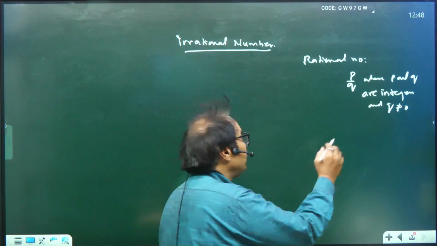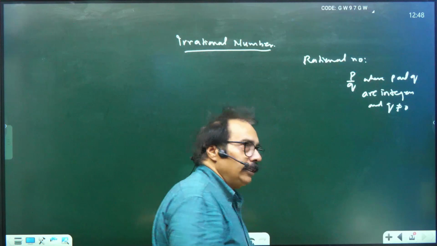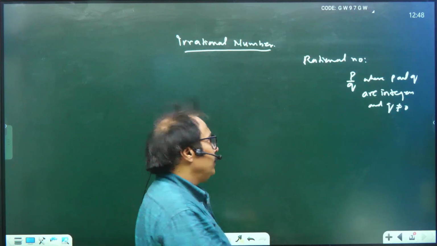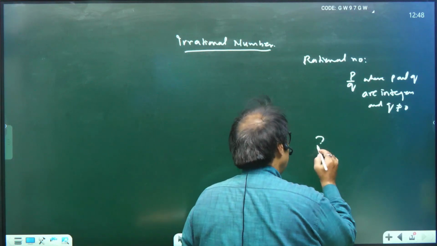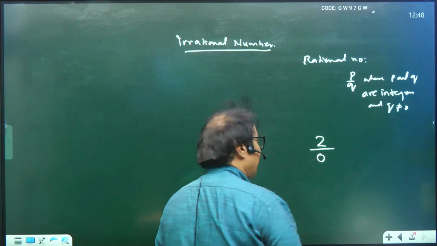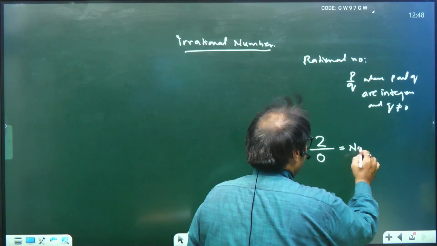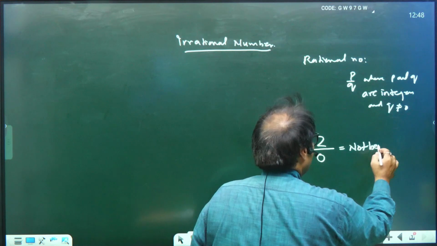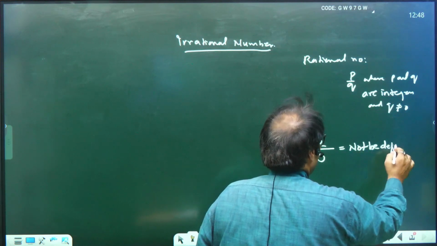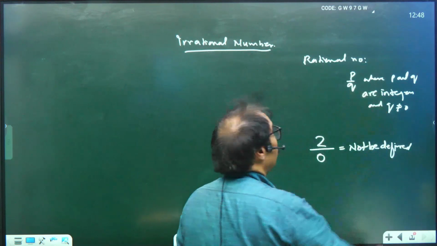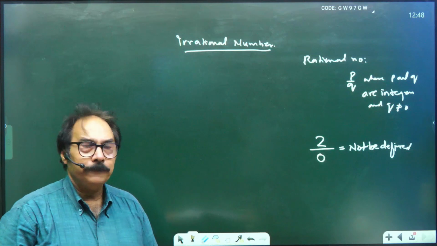Because if q is 0, then it will not be defined. Any integer divided by 0, the value cannot be defined. So that's why q should not be equal to 0.